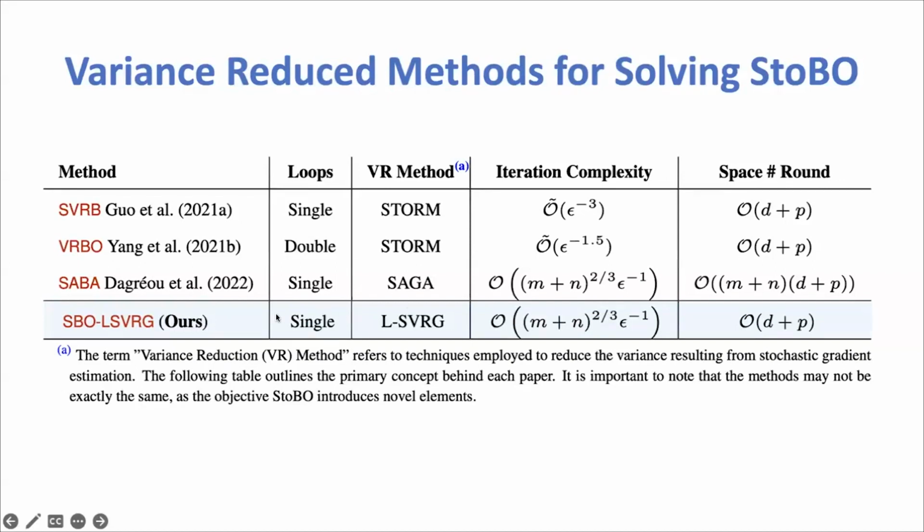However, our proposed method SBO-LSVRG achieved the optimal iteration complexity, but without introducing too many additional variables. Our space complexity is aligned with other baselines such as SVRB and VRBO.